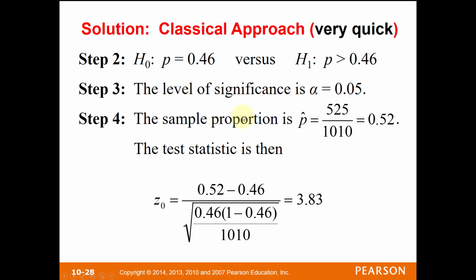And now we get a sample proportion of 525 over 1010. We take this number right here, we put it in this formula, and what we're computing is a z-score. We want to know how many standard deviations above the mean this 52% is. It came out to be 3.83 standard deviations. That's our test statistic.